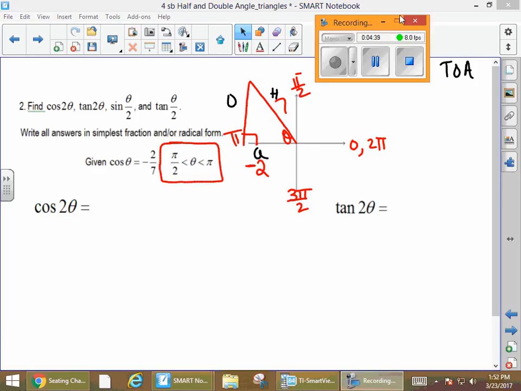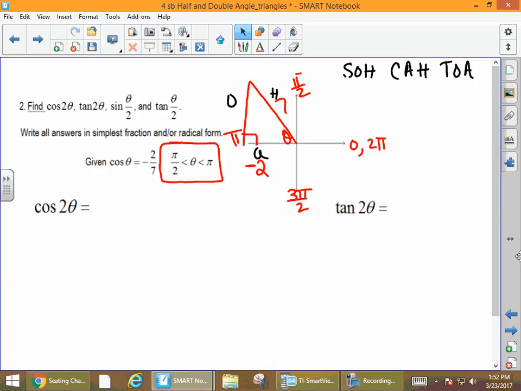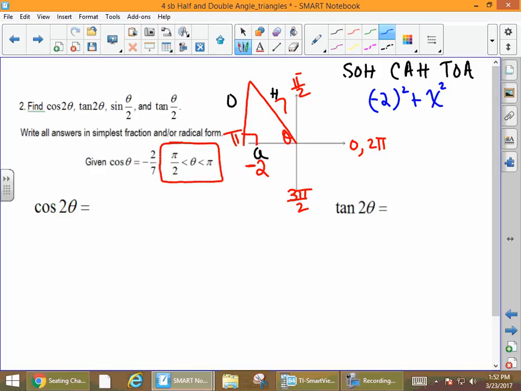So once we have our triangle labeled, we need to use the Pythagorean theorem to find, in this case, our opposite length. So it's going to be negative 2 squared plus x squared equals 7 squared, and it doesn't have to be x, it can be some variable.